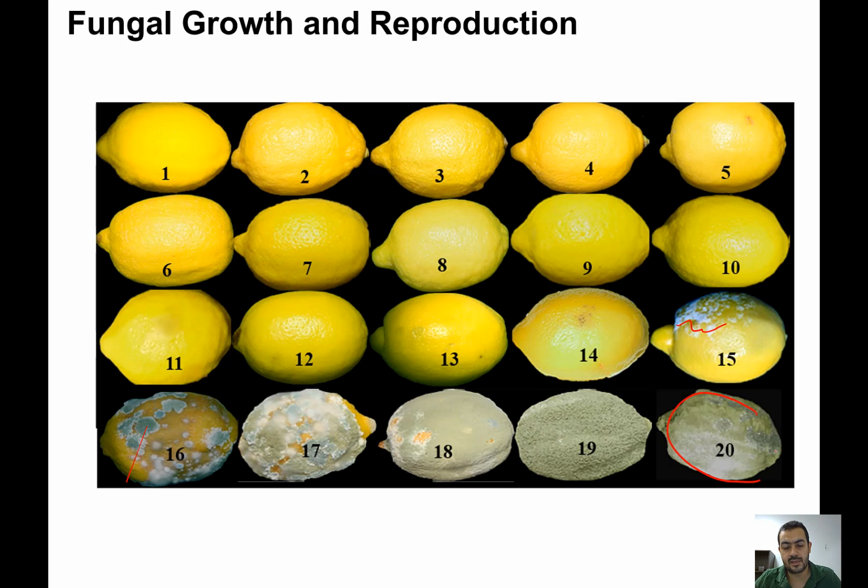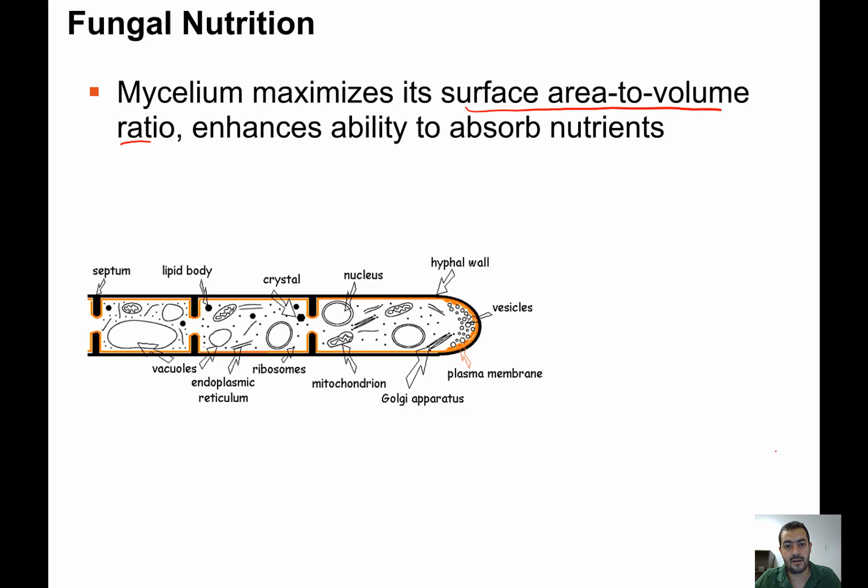So how is this fungal growth able to obtain the nutrients from the media they are growing on, in this case a lemon, or how are they able to obtain it from any media in general? This will be presented in the next slide. As you remember, we said the body of fungi that we see on the media is called the mycelium, and this fungal mass is built up from threads called hyphae.